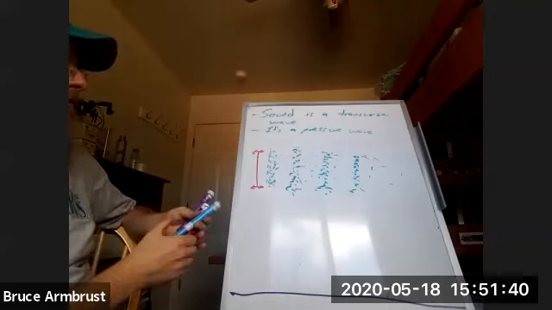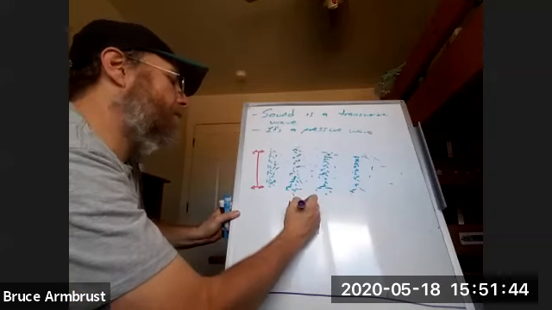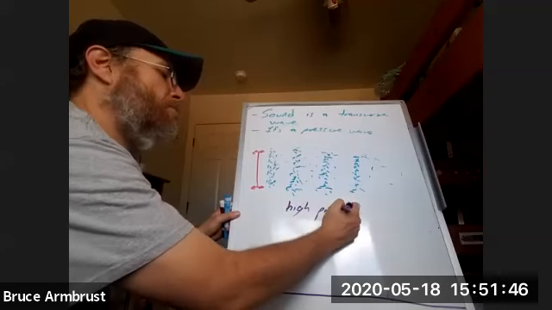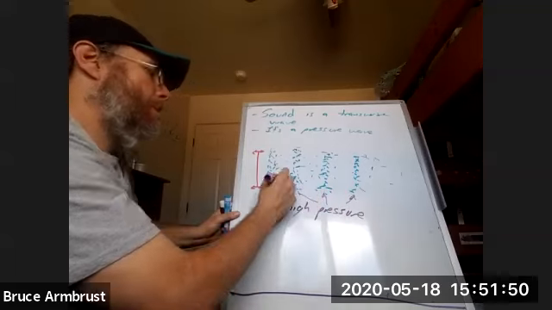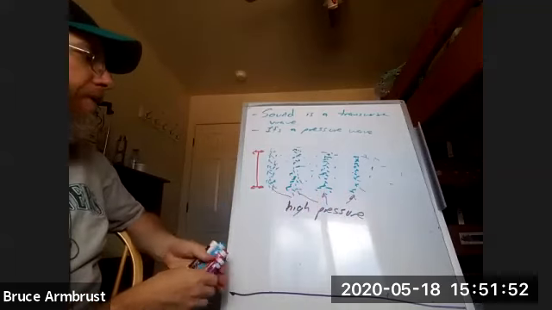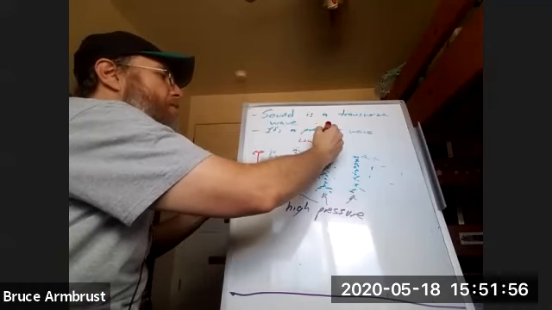And so in terms of pressure, we have a whole bunch of places of high pressure. And in between those places of high pressure, there are places of low pressure.